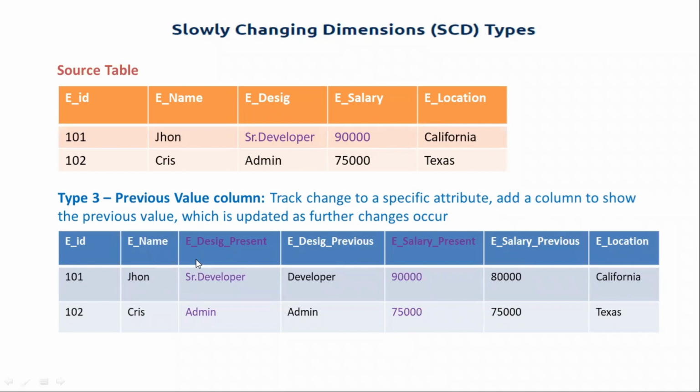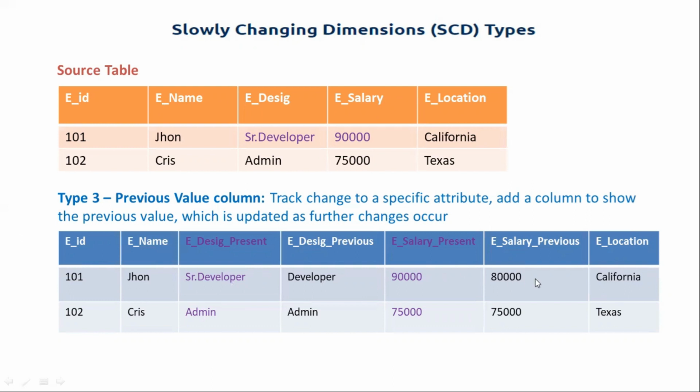So we have columns like this: designation present, designation previous, salary present and salary previous. If you see this record, clearly the present is senior developer and previous is developer, and the present salary is 90,000 USD and the previous salary is 80,000 USD.